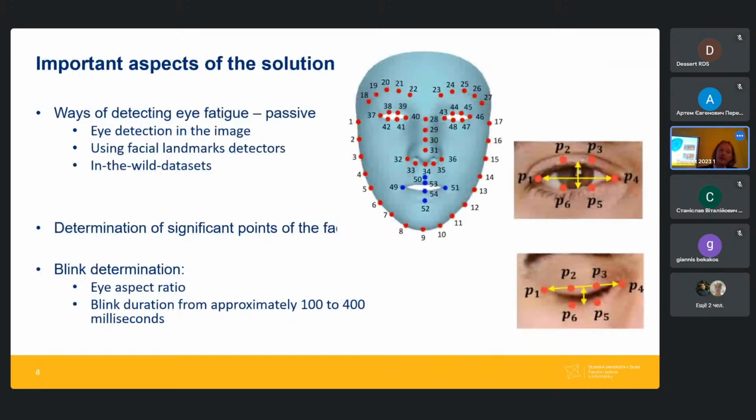Important aspects are the ways of detecting eye fatigue. Eye detection in the image, or using facial landmark detectors. Next is a determination of significant points of the face, and blink determination using the eye aspect ratio, or blinking duration from approximately 100 to 400 milliseconds.